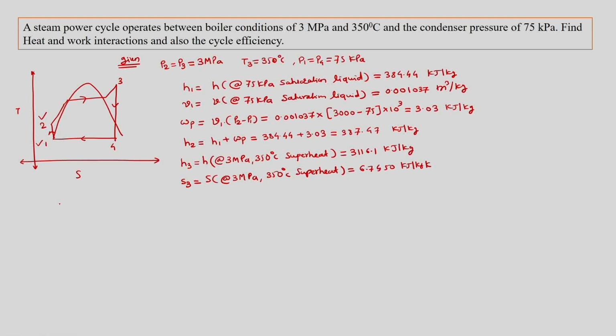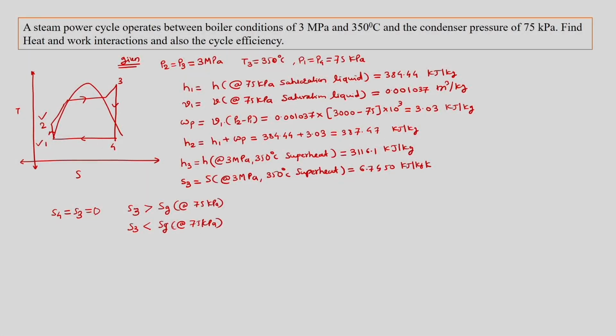Now again we have to know that S4 is equal to S3, which we will compare to see if S3 is greater than Sg at 75 kilopascal, or S3 is less than Sg at 75 kilopascal, and accordingly we will see which part of the steam table should be seen.